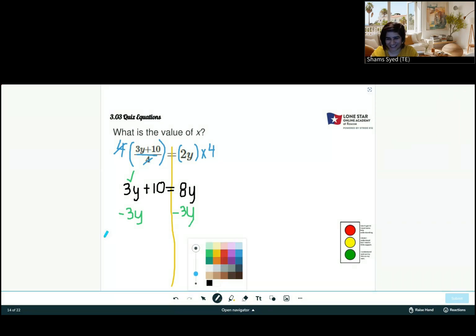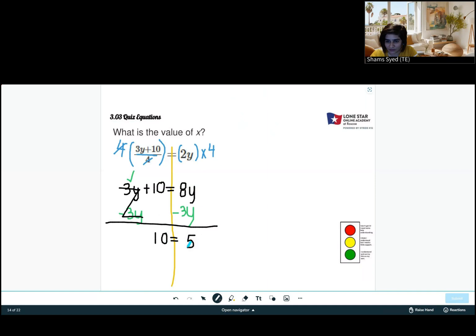You know I'm going to help everybody out, but with some patience. So 3y take away 3y cancels out. You have a 10 equals 5y. We don't want 5y. We want just y by itself.